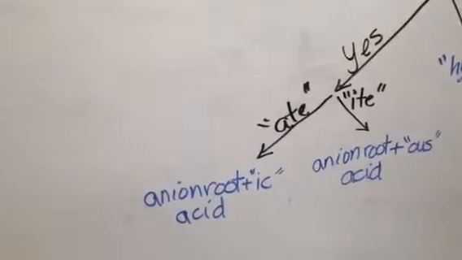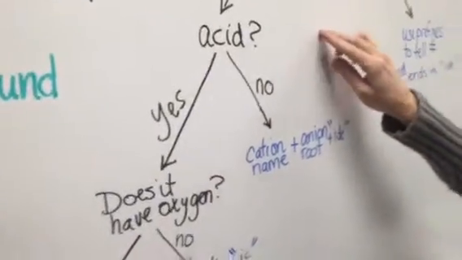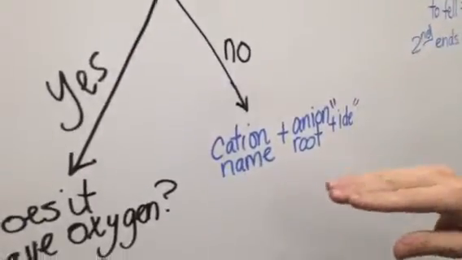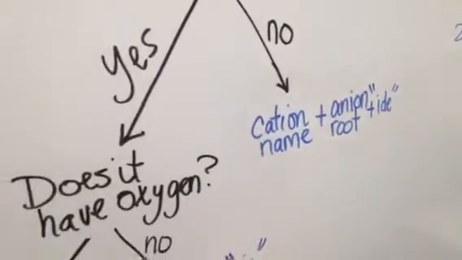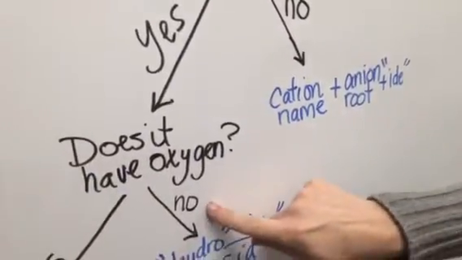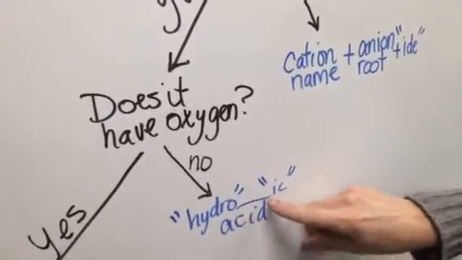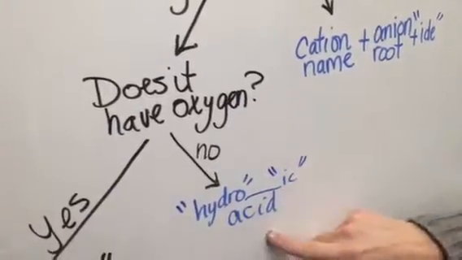Now, if it doesn't have oxygen, that usually means it's just a really simple hydrogen in front of one element. Then if it doesn't have oxygen, if it's no, you'll just name it hydro, and then the root word of the anion element, ic acid.